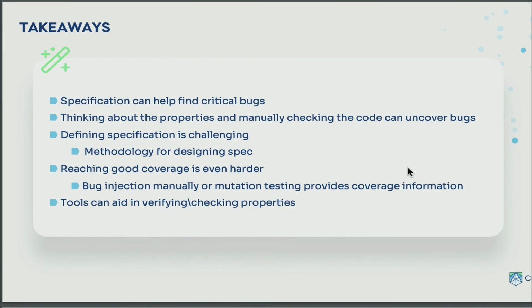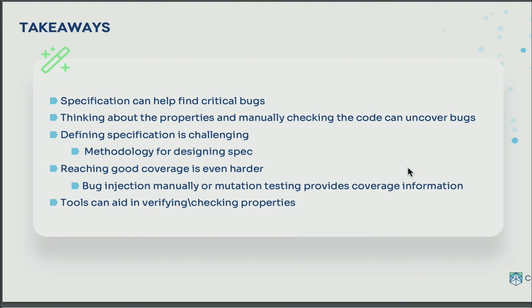Okay, my takeaway is that specification can help find critical bugs. Only thinking about those properties and manually checking the code is a good step. Sometimes those corner cases are hard to see by eye, but just thinking about those properties, we find bugs by trying to understand what properties should hold.